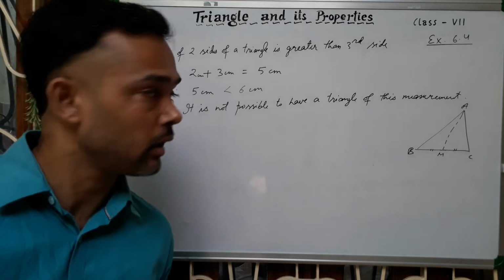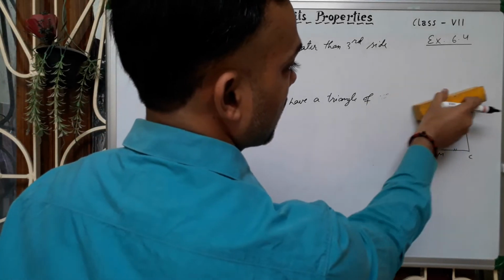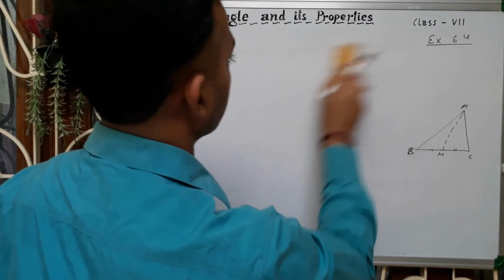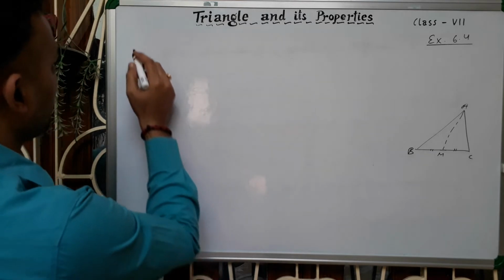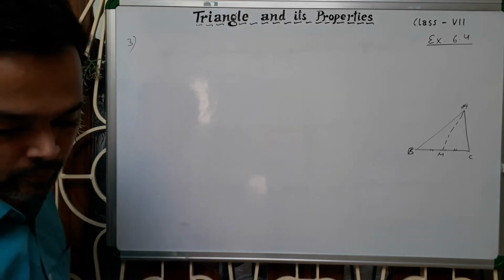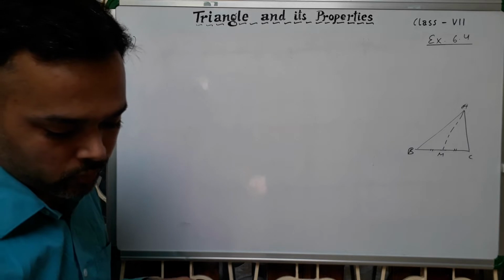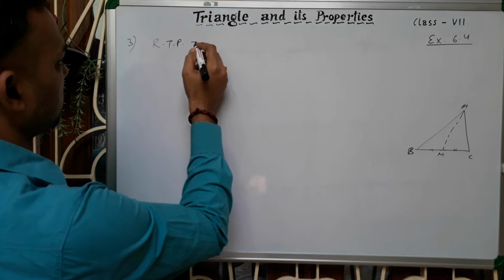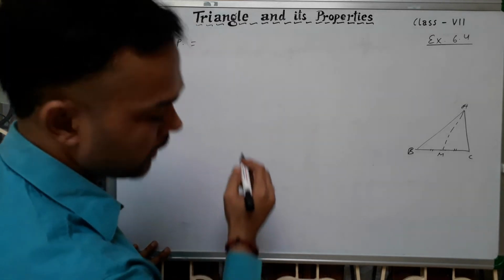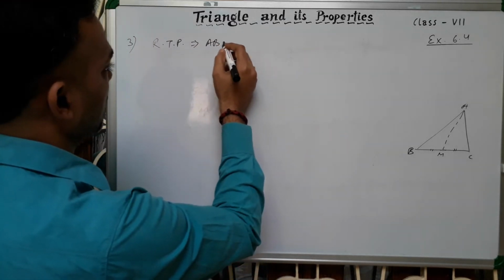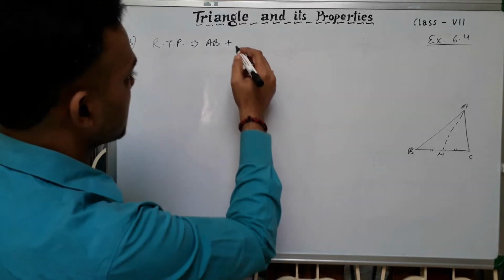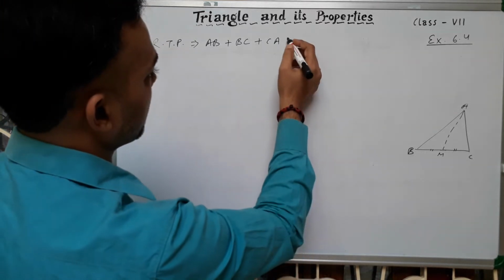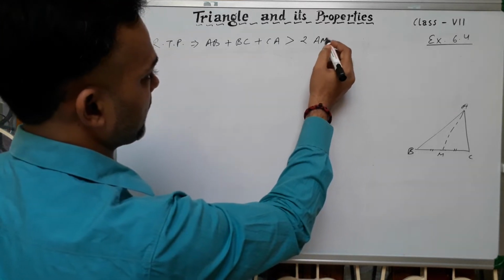Now let us erase this. We are doing question number 3 right now. We are required to prove that AB plus BC plus CA is greater than 2AM.